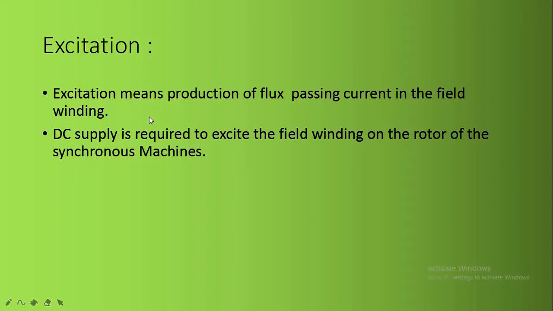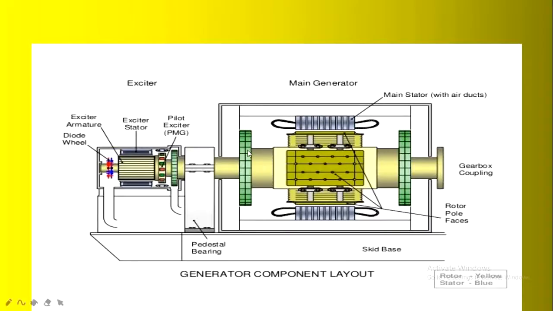So excitation is a very important process in the generator for giving the energizing or magnetizing current to the generator. Several types of excitation system can be seen.